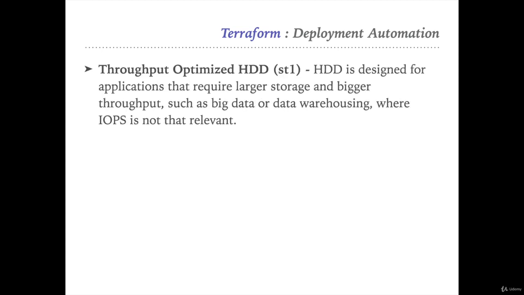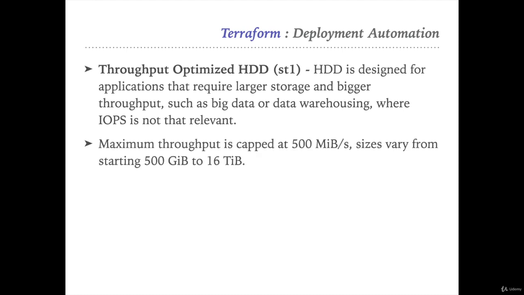Then let's discuss the HDD, throughput optimized HDD, which is called ST1. It is designed for applications that require larger storage and bigger throughput, such as big data and data warehousing, where input output operations are not as relevant as compared to SSD. So we can go with the HDD type ST1 in that case.